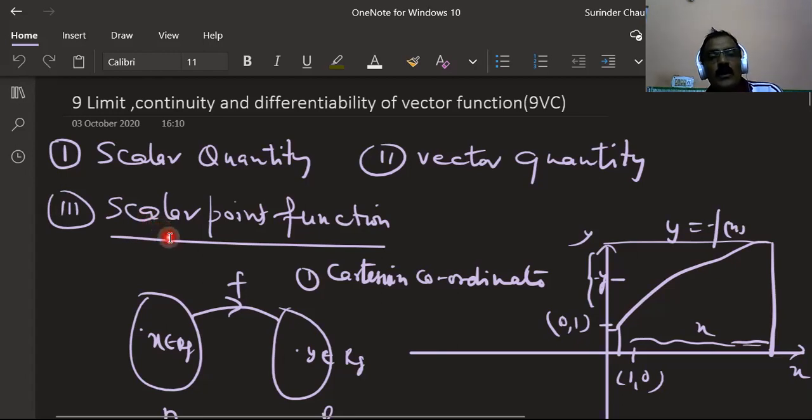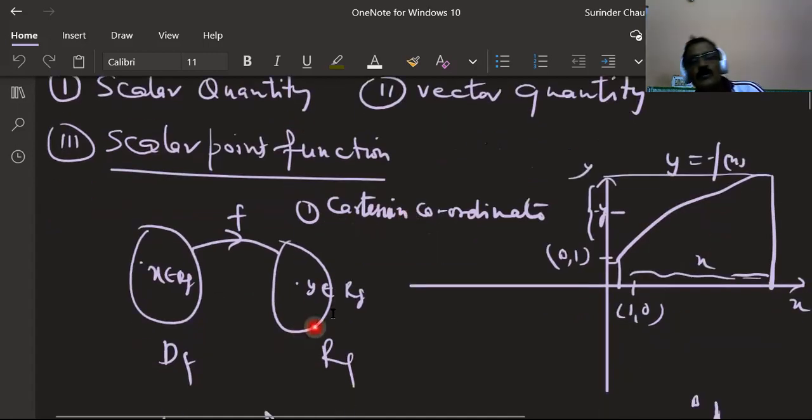Now let us define the scalar point function. Whichever functions we have studied in differential calculus in the first year, we have studied their limit, their continuity, their differentiability, their integration, and we have drawn their graphs.